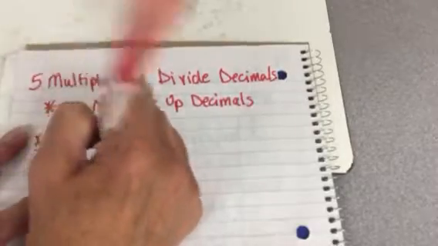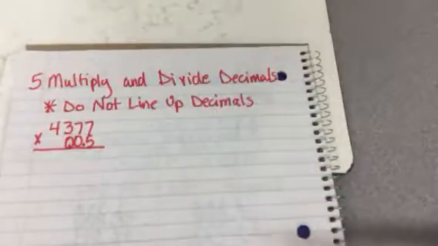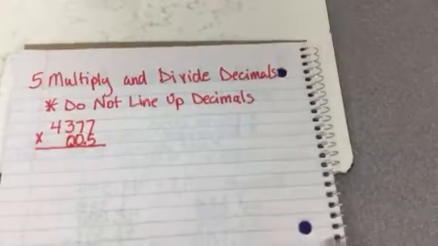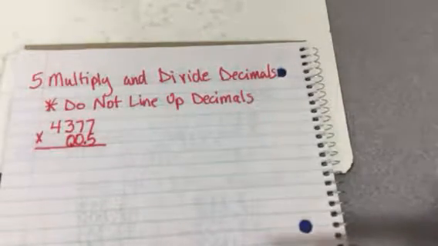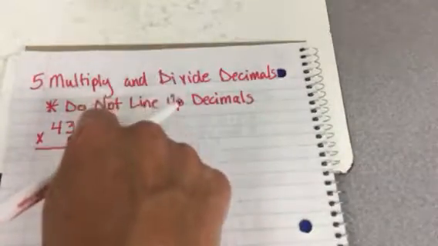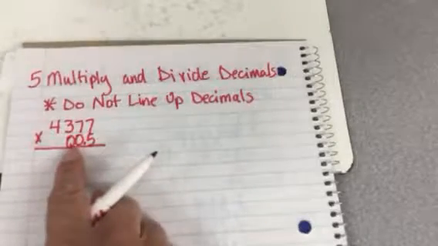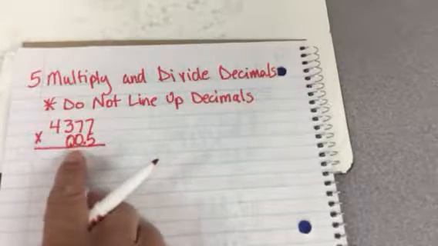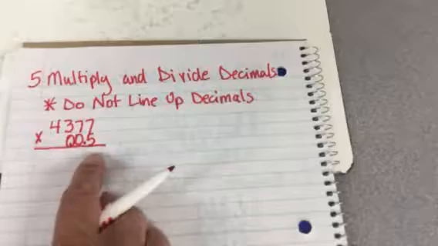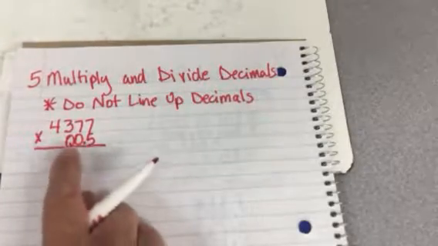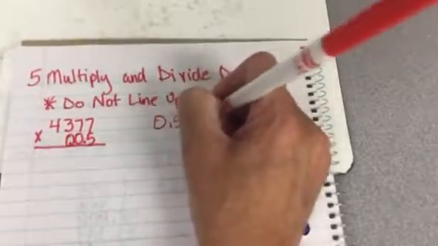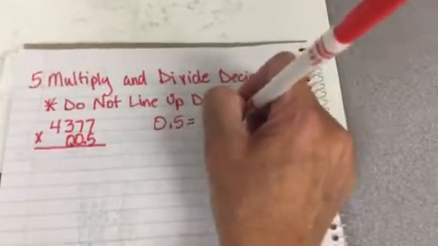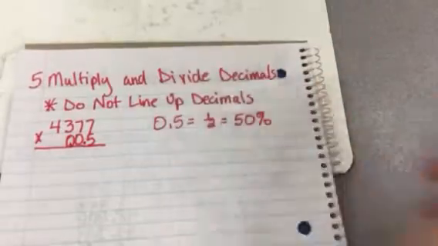It's 0.5. One thing that we need to know about decimals when we multiply by a decimal is that when we multiply a whole number times a decimal that does not have anything in the ones digit, it's only a decimal point, this 0.5 is also equal to 1/2, which is also equal to 50%.